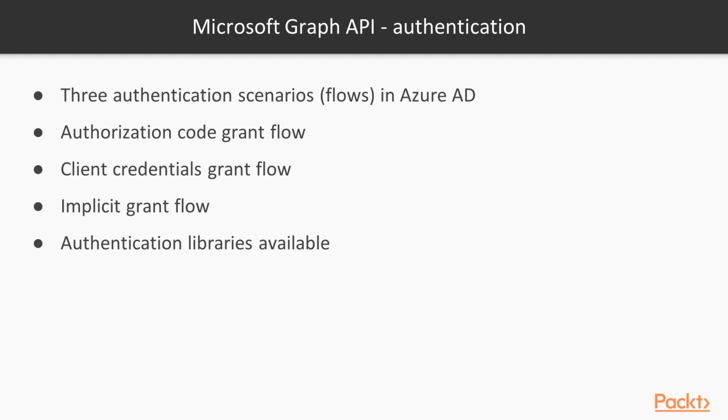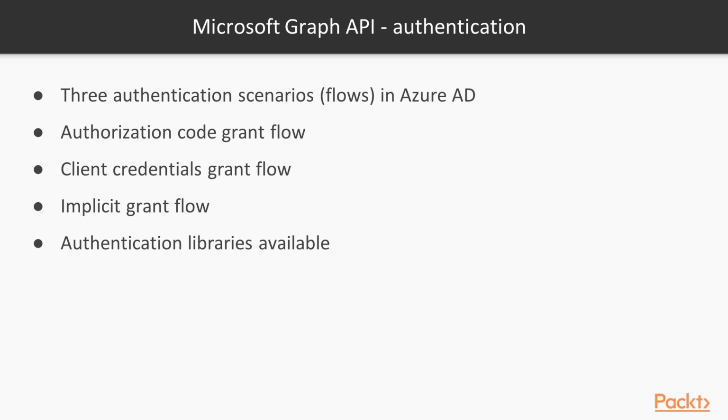And those are authorization code grant flow, client credentials grant flow, and implicit grant flow. They differ in the way authentication is handled, but ultimately the goal of all three of those is to obtain an access token, which you can then use with your requests to the API.